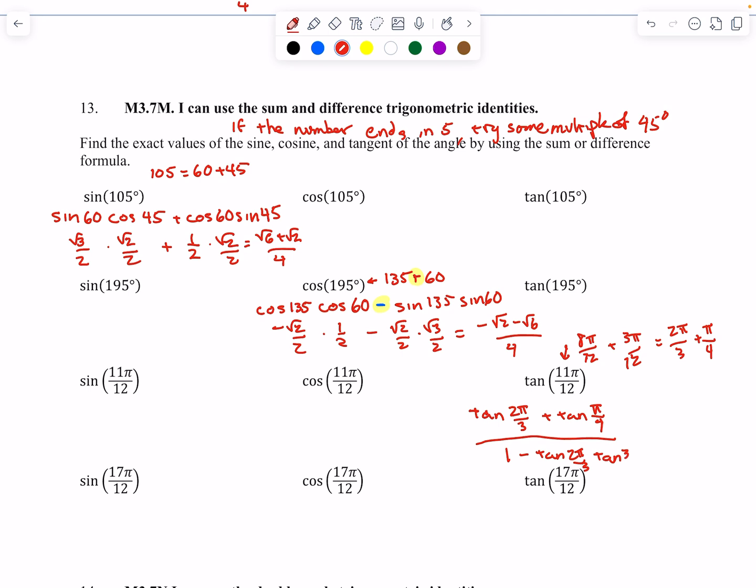Fortunately, you don't have to memorize these stupid formulas if you do them enough. Okay.